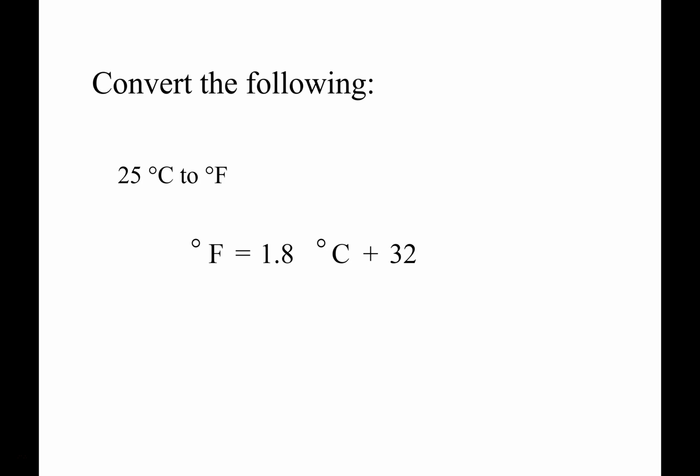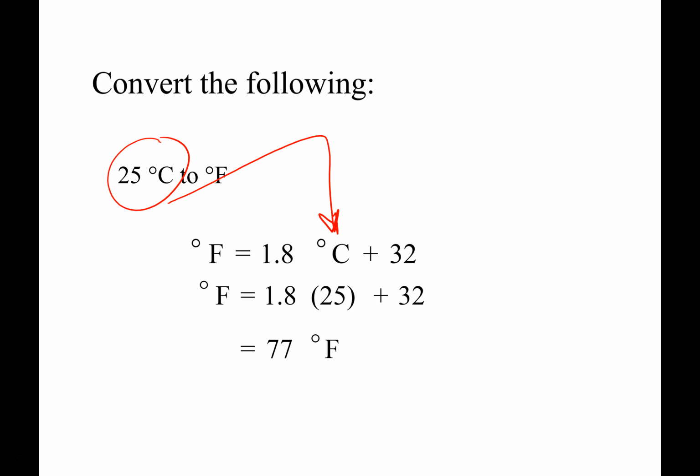So here's an example. If we want to go from 25 Celsius to Fahrenheit, we plug in our 25 Celsius right here. So it's going to read 1.8, notice I kind of blow off my units, 1.8 times 25 plus 32. And that gives you 77 degrees Fahrenheit.